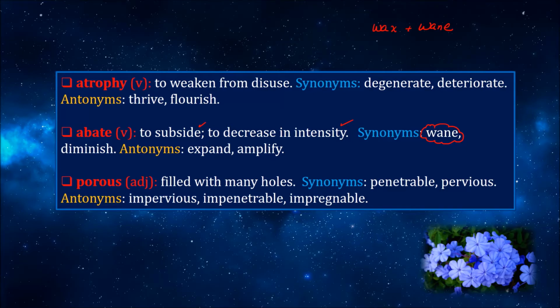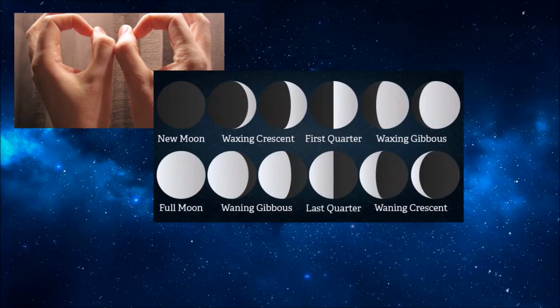So if you have, for example, a picture like this, this is a new moon, and then as the moon grows bigger and bigger as the month goes on, that's called waxing of the crescent, growing big. And then there's a full moon, and after the full moon, the moon gets smaller and smaller until, of course, it's going to disappear.